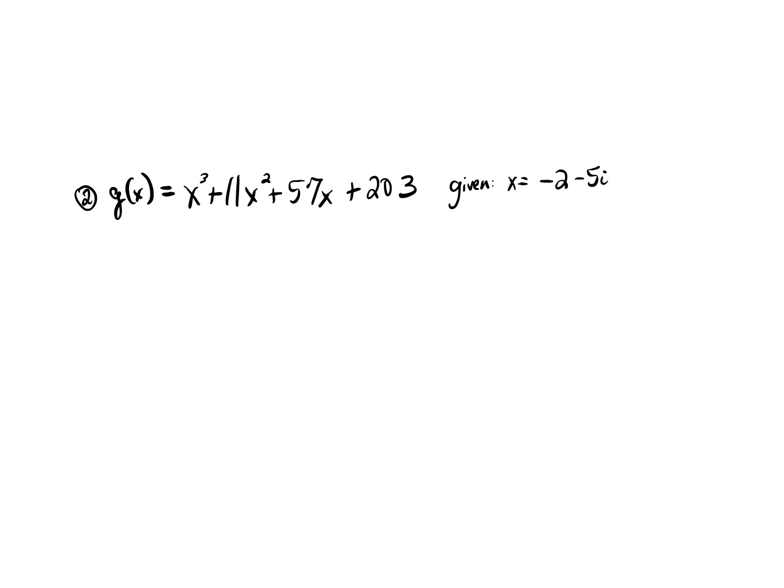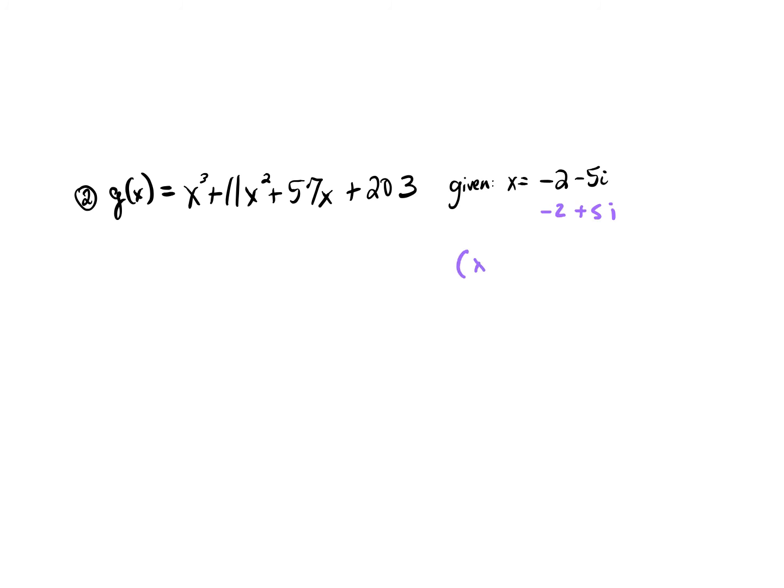All right, let's look at number 2. So we have to find the remaining zeros given that negative 2 minus 5i is one of our zeros. So what's another zero going to be? Negative 2 plus 5i.